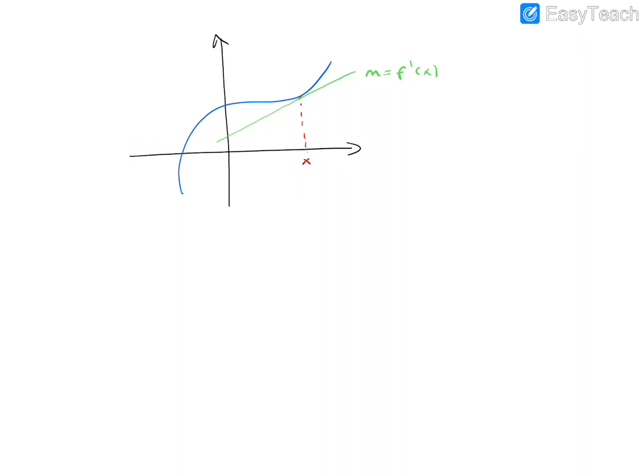So for this point, let's look here. Okay, let's use this color. For this change in x, if this is delta x, this is also dx, okay? So this is x plus dx, or delta x. This is the exact change.